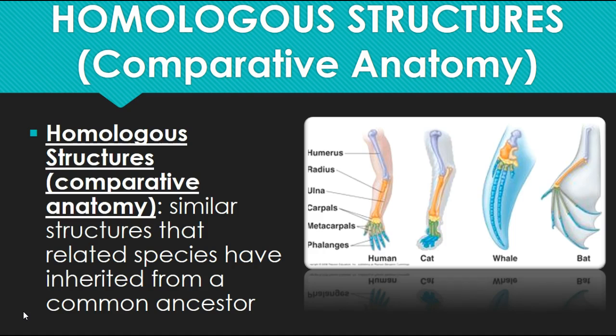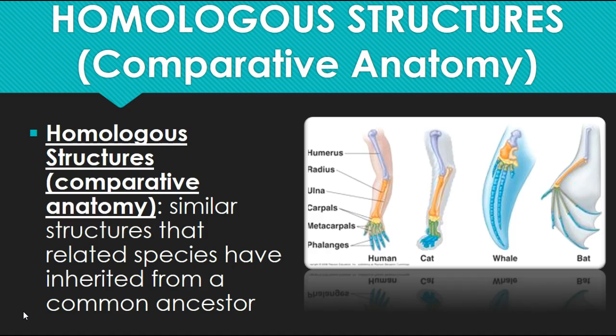If you look at this picture, we see a limb of a human, a cat, a whale, and a bat. And their outward appearance is very different. You would never mistake a human arm for the wing of a bat. They look completely different. But when you look at the anatomy of those limbs, you find that they are extremely similar. In fact, their skeletons have exactly the same bones. The bones may have a slightly different shape and size, but they have the same bones.